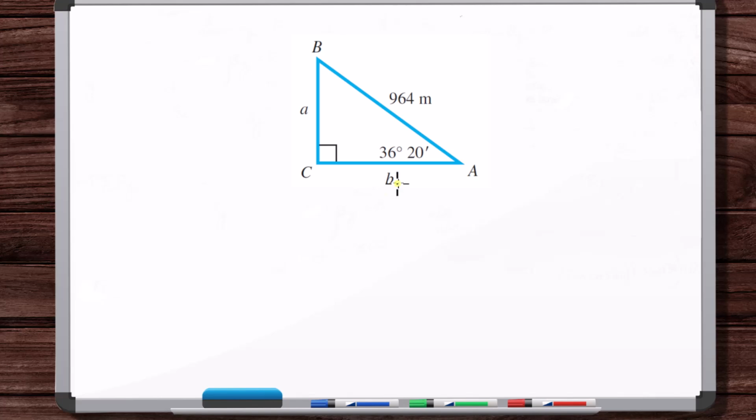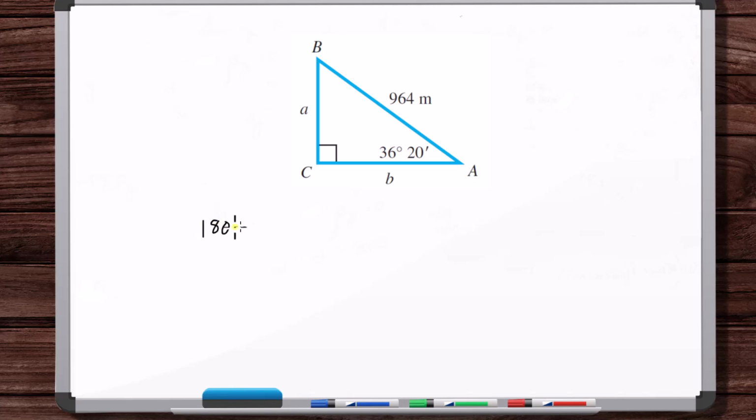Okay, let's get started. We don't know this side length, and we don't know this side length. We know the hypotenuse, and they give us this angle. So obviously we can find angle B with just the fact that the sum of the angles needs to be 180 degrees. We could use trigonometry to find this unknown angle too, but that's really easy.